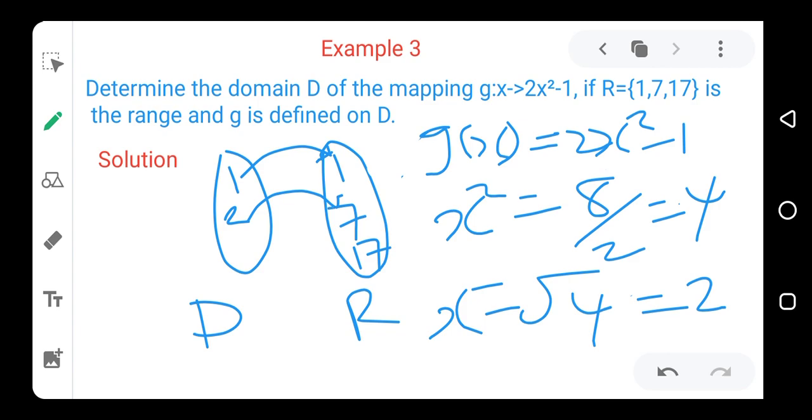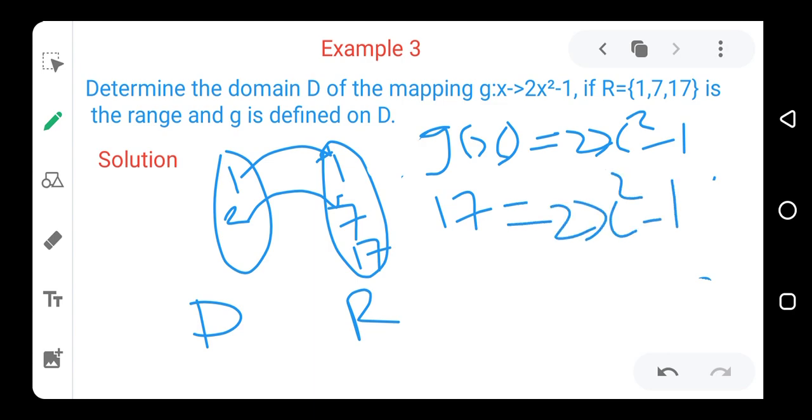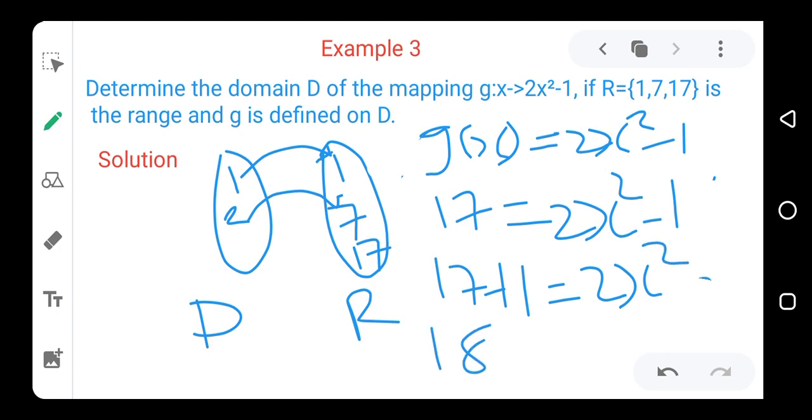Now let's look at 17. For 17, still taking our g of x is equal to 2x raised to power 2 minus 1. Then we have that 17 is equal to 2x raised to power 2 minus 1. And 17 plus 1 is equal to 2x raised to power 2. 18 is equal to 2x raised to power 2.